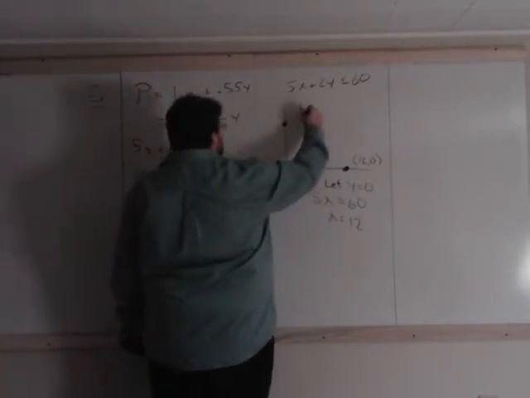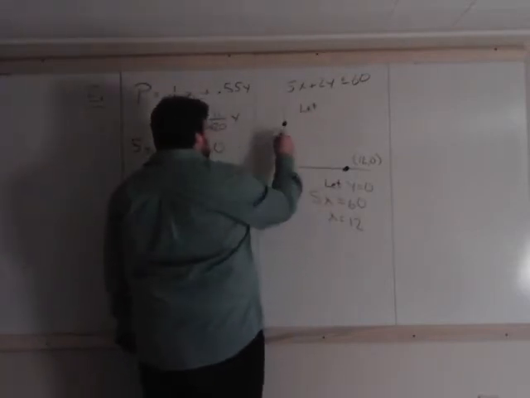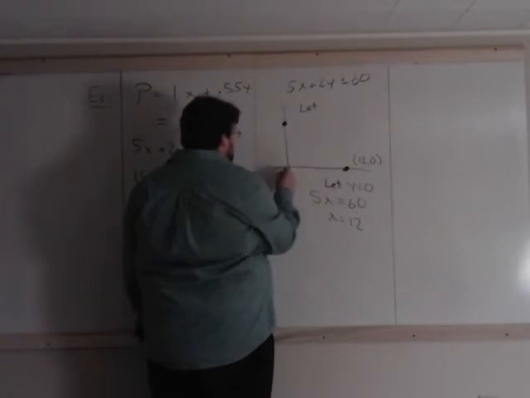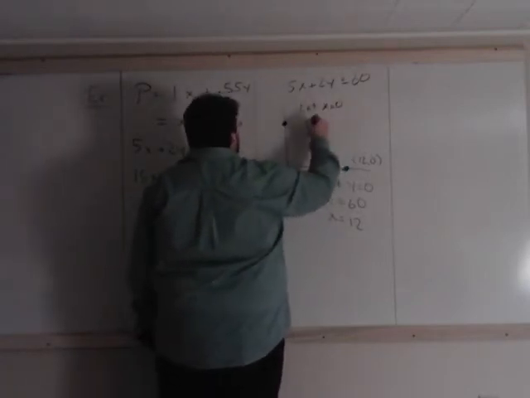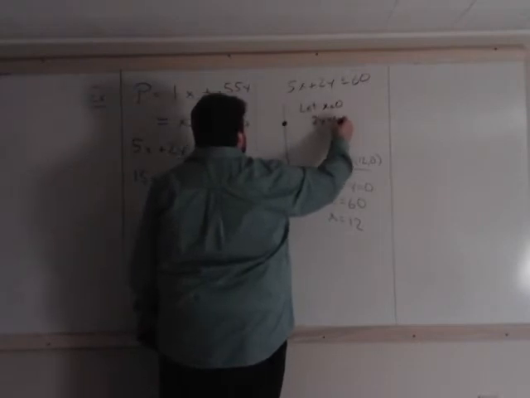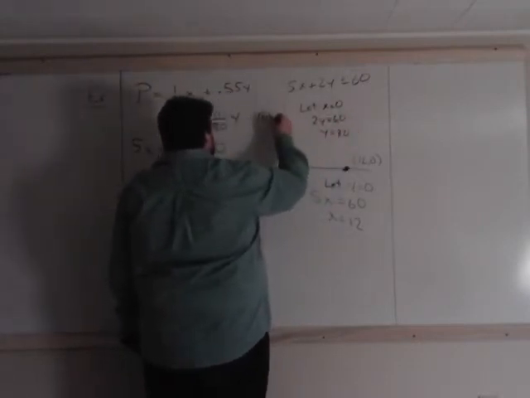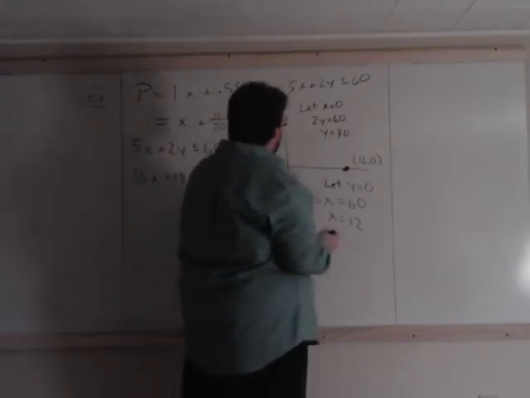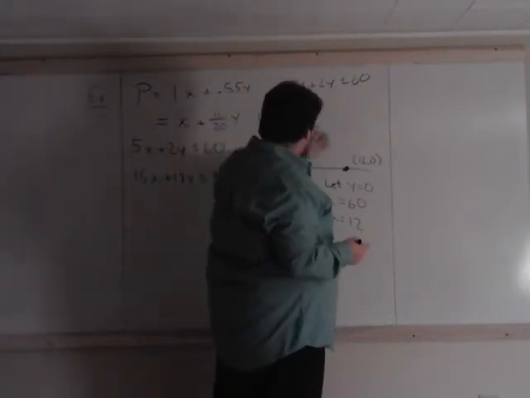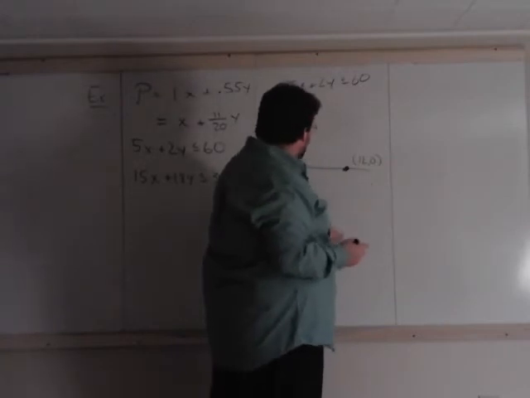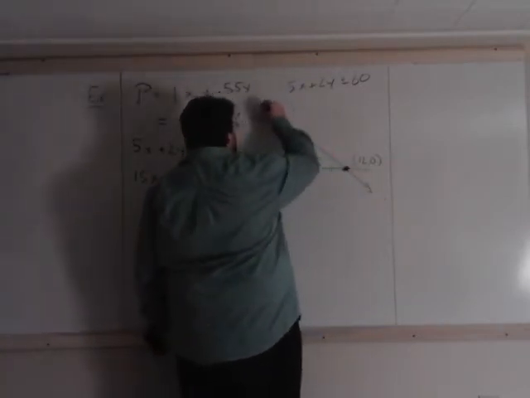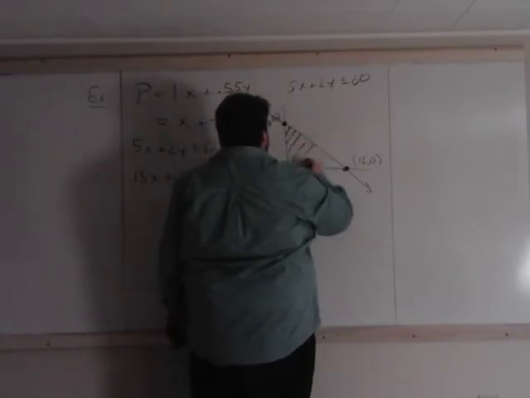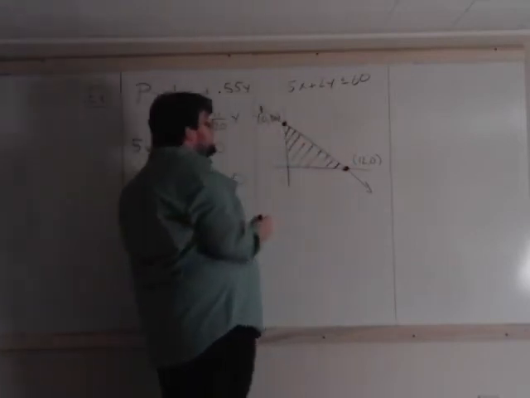Up here, you go over 0 up y. So x equals 0. And then you get 2y equals 60. y equals 30. So this has ordered pair 0, 30. Now I'm going to erase these computations because they're going to get in the way of the graph. So we have this line, but the inequality would restrict us to that region.